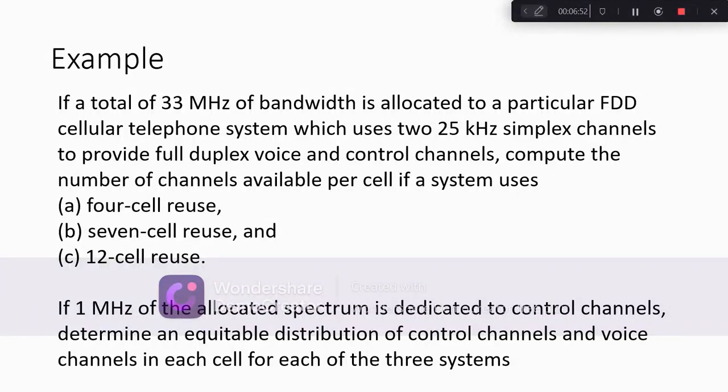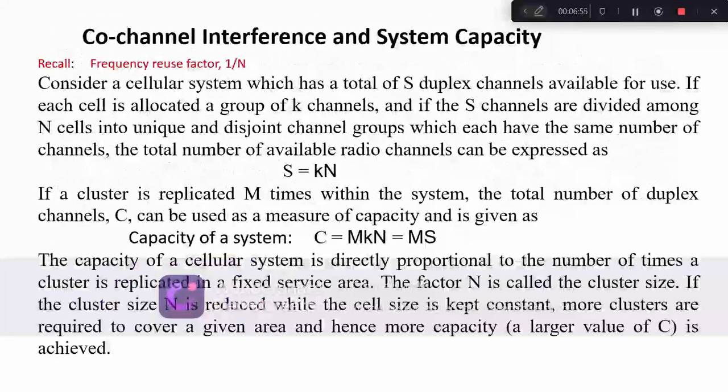But if you are including replicated clusters, so if m is 2, that 33 megahertz divided by 50 kilohertz will be doubled, and that would then be the capacity. The capacity means the maximum number of subscribers that can be provided services.